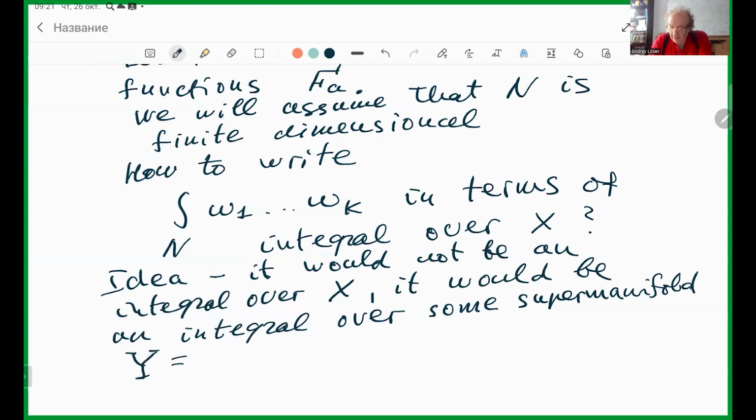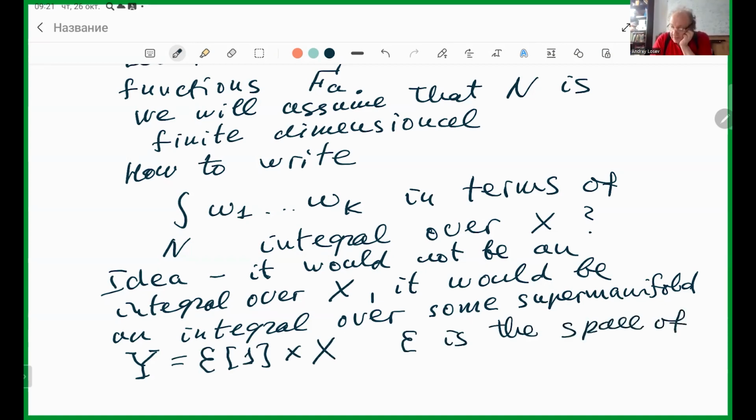They'll call it Y. That is roughly E times X. E is the space of equations.